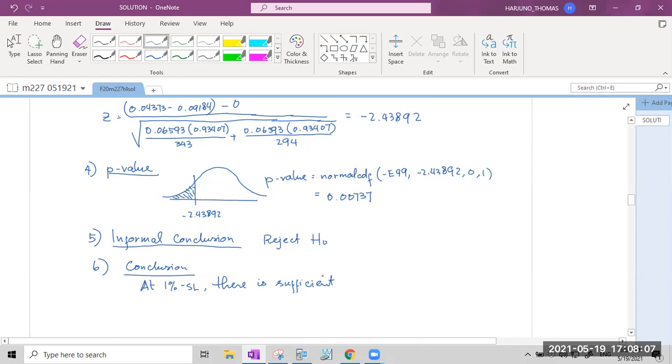Instead of using the word sufficient, they will say there is very significant evidence to support the claim that. Why? Because it's at the 1% significance level, right? So they use the word very, significantly sufficient evidence, or simply very significant evidence to support the claim.